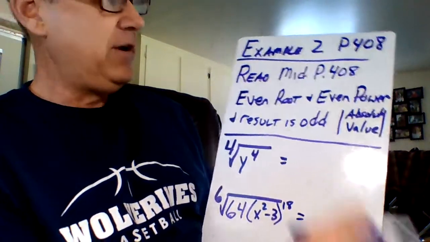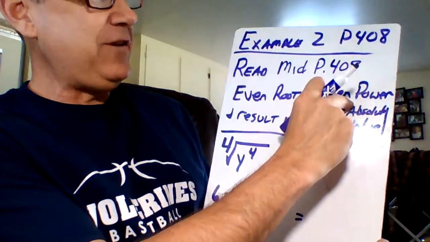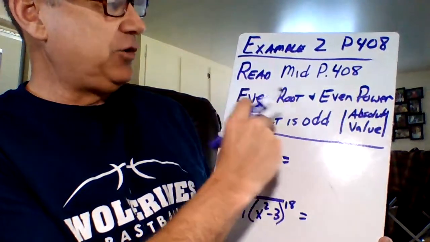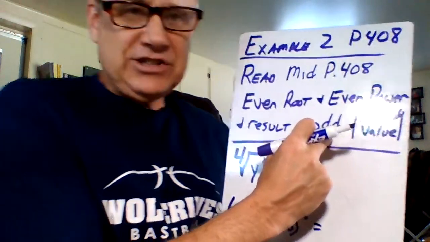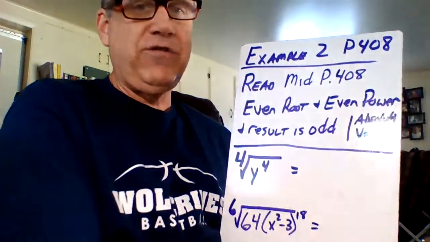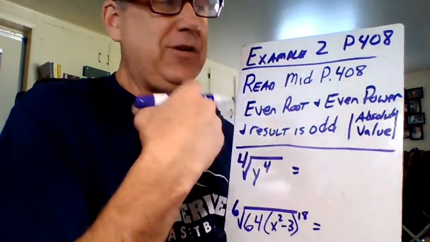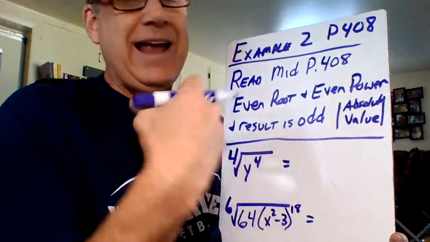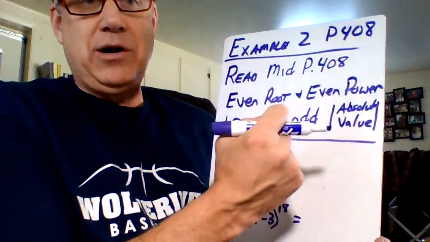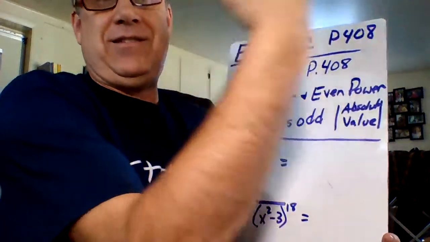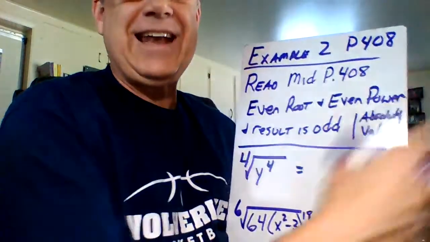If we have an even root and an even power, and your result is odd, we need to put our answer in absolute value form. Which means we have to make sure that my answer is non-negative, because if I have a negative number and I raise it to an odd power, it's going to stay negative.